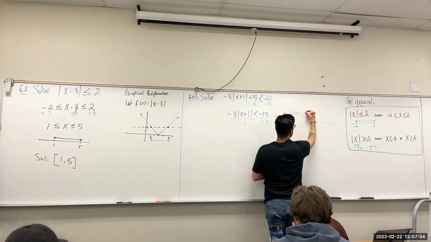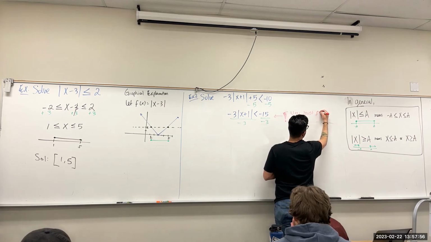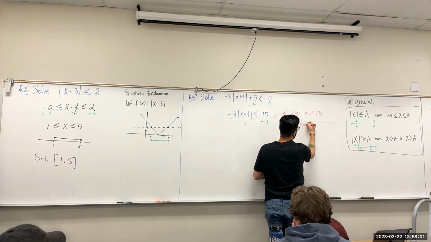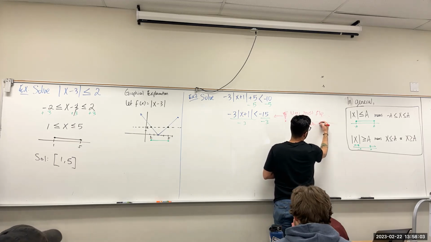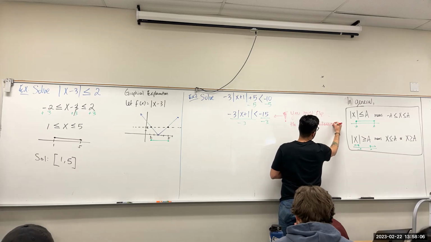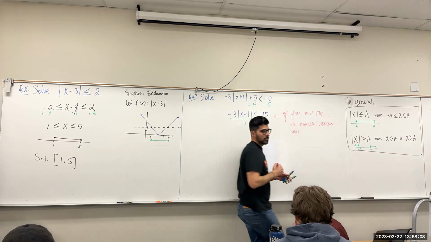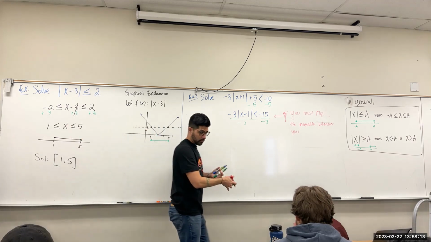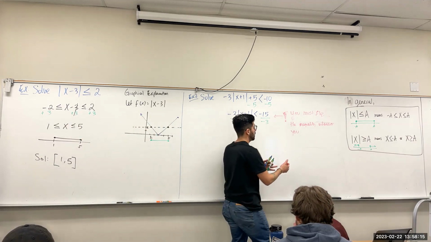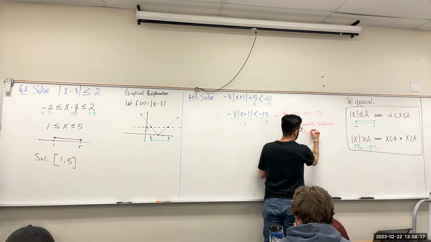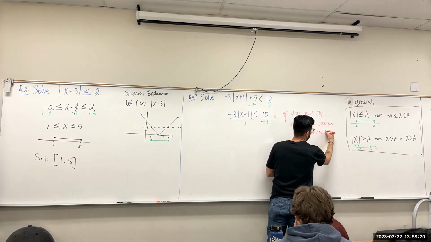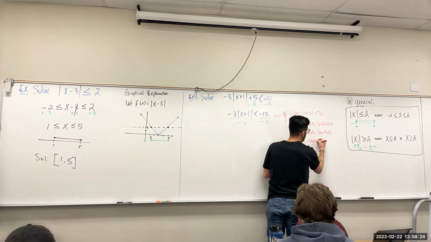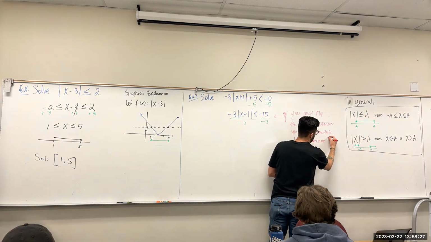You must flip the inequality whenever you divide or multiply both sides by a negative. If you forget to do that, you're going to get the wrong answer.